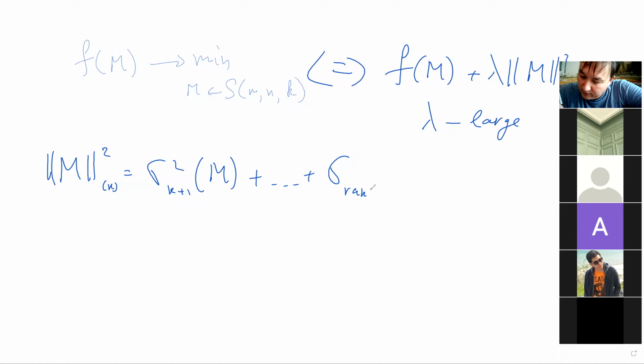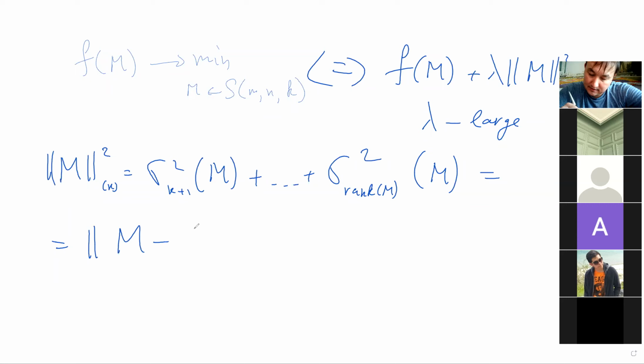And there is a well-known fact: this is nothing else than the norm of M minus the SVD of matrix M truncated at k.